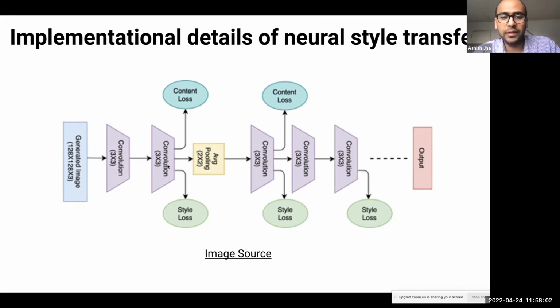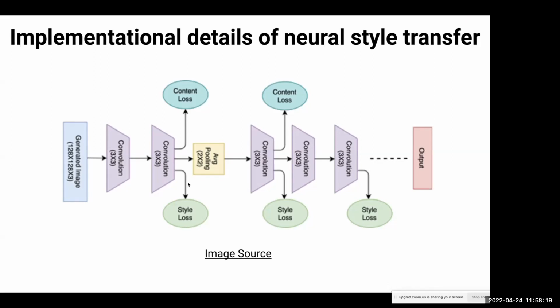Key things for you to know here is, in traditional deep learning, we only have the loss function at the very end, and then we backpropagate the errors and we update the gradients to the model. In neural style transfer, something novel was defined, which is, hey, we can attach losses to different layers' outputs.